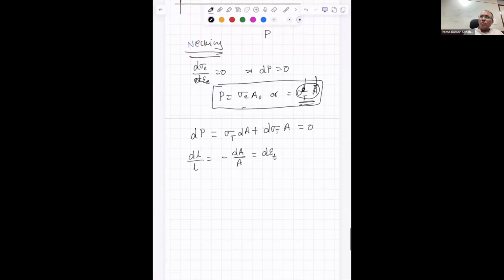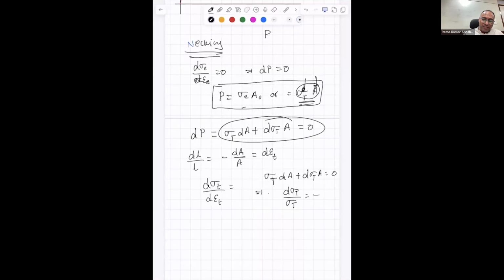So what you can show now is d sigma_t by d epsilon_t equal to... if you look at this equation, sigma_t dA plus d sigma_t A equal to 0, that implies d sigma_t by sigma_t is equal to minus dA by A. Can you see that? Yes, sir.